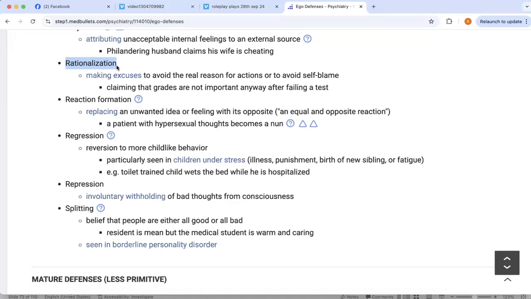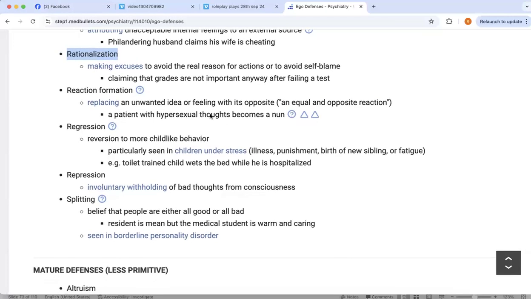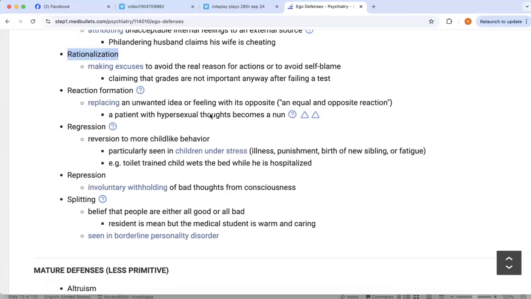So when someone rationalizes something to avoid self-blame, that's called rationalization. Like someone who murdered another person, and then the murderer says, well, he was a bad man, that's why I murdered him. That's rationalizing, or making excuses.